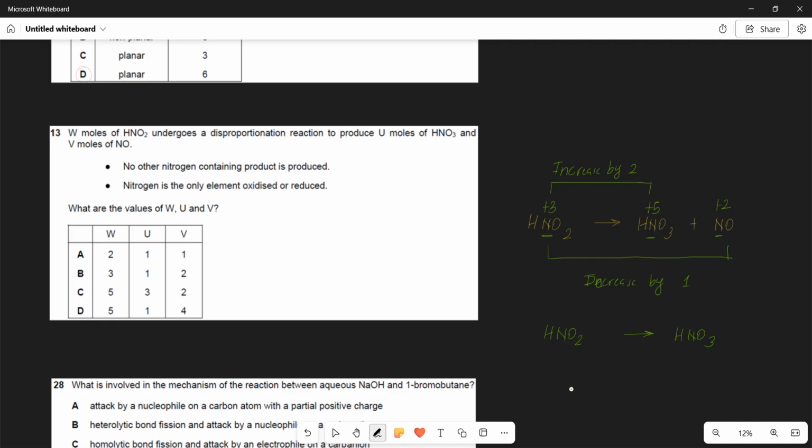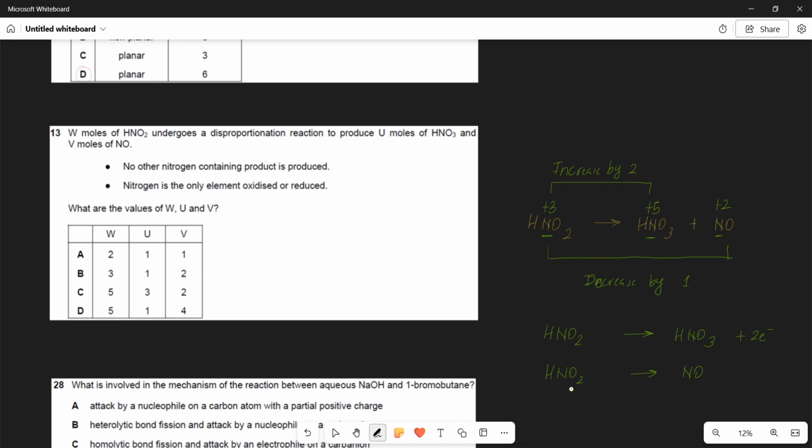The other case is HNO2 becomes NO. Here, the increase means losing 2 electrons. So it loses 2 electrons and becomes HNO3.